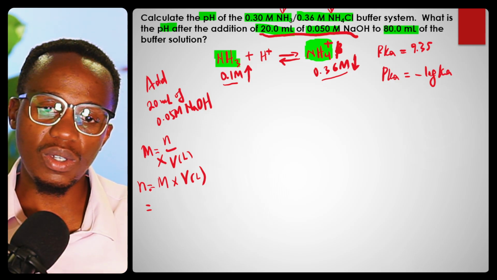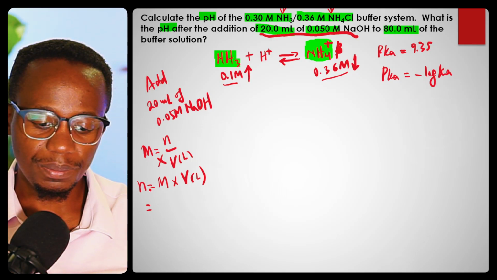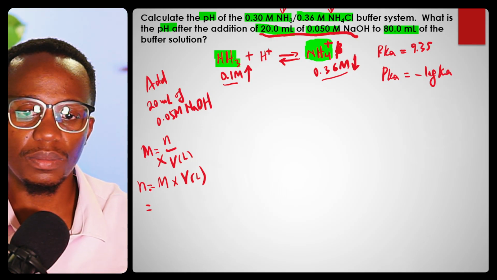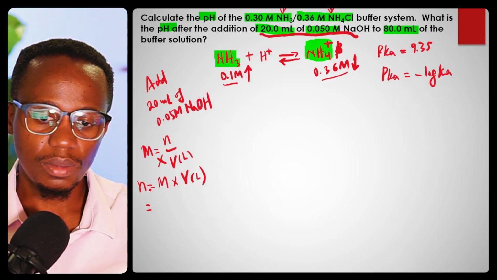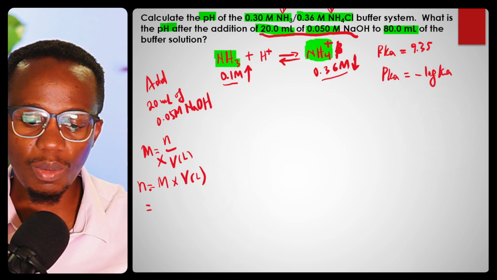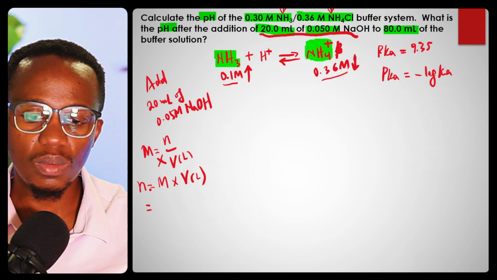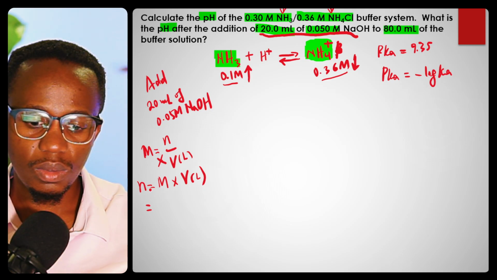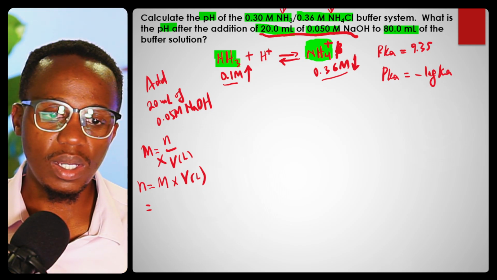Volume in liters is going to be milliliters over 1,000, right? So it's going to be 0.05 times 0.020, right? 0.001 moles, right?